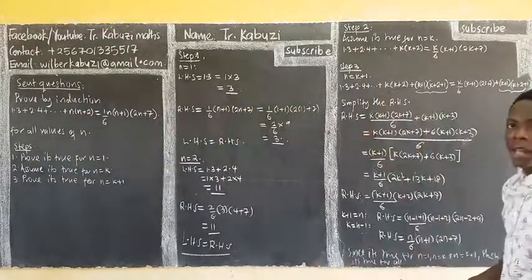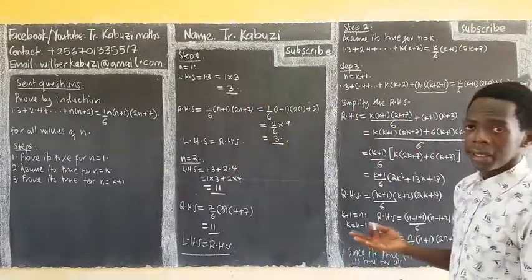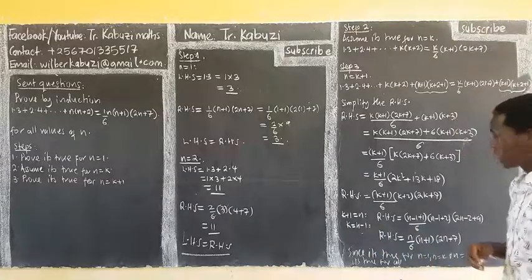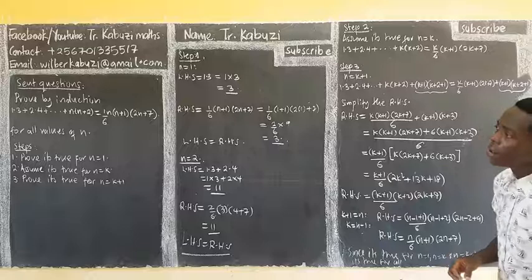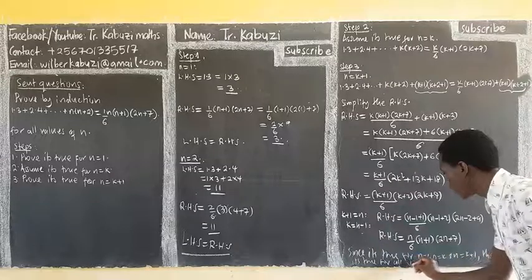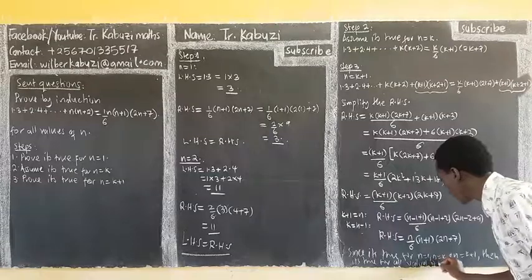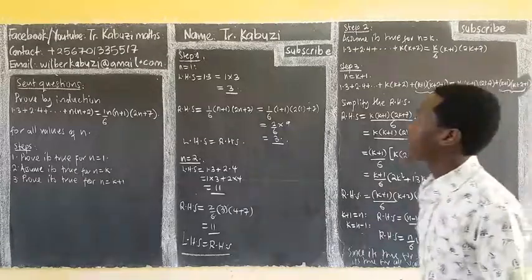But of course, in positive integers, true for all values of n. So that's how we handle that proof.